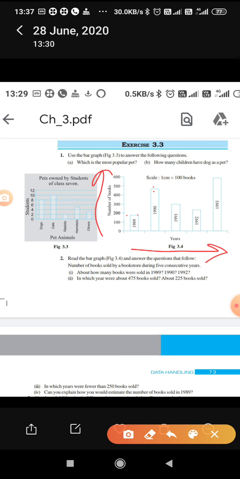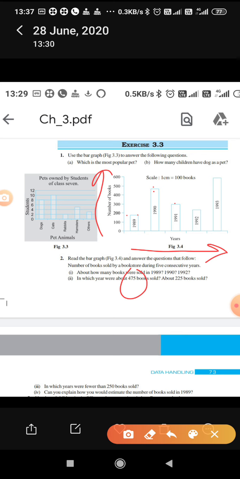Why are we taking 475? You can see in the second question, they have asked in which year about 475 books were sold. It is somewhat below the 500, so we will take approx 475. Then in 1991 it is exactly about the 300.